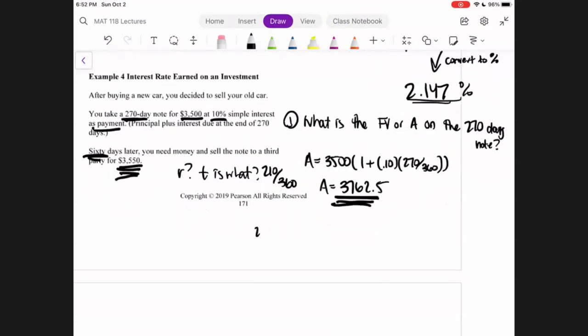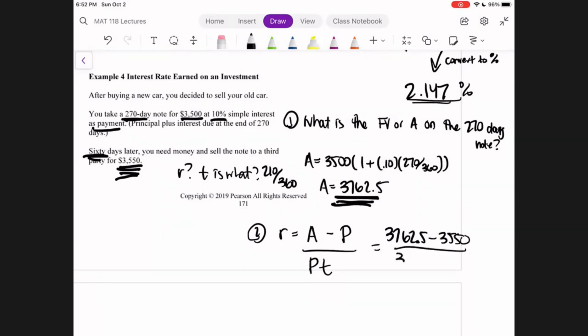So we can use that formula from above, that your rate would equal A minus P over PT. So let's plug everything in. Our A is still the same. Our new P is what the note was purchased at by the third party. And my T is now the smaller number of days.